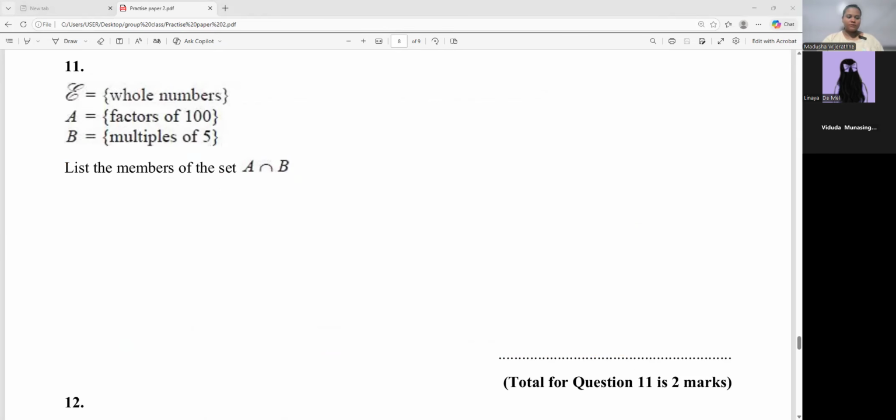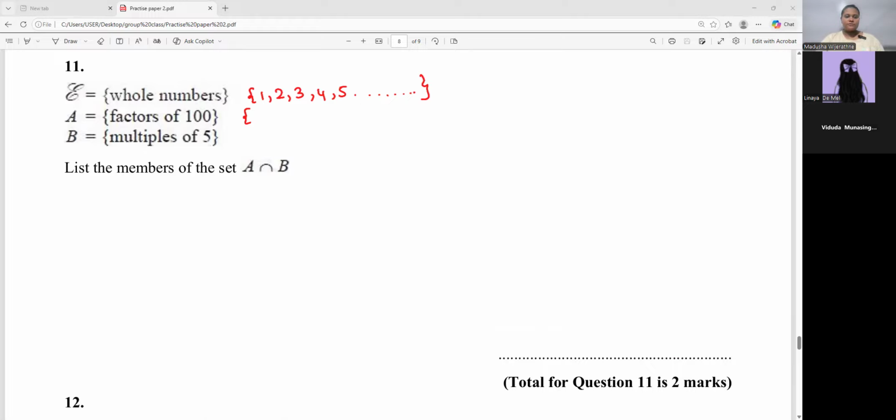11th question, from sets. Universal set is whole numbers. If I write them as a list, 1, 2, 3, 4, 5, 6, like that it goes till infinity. They haven't given us a range.